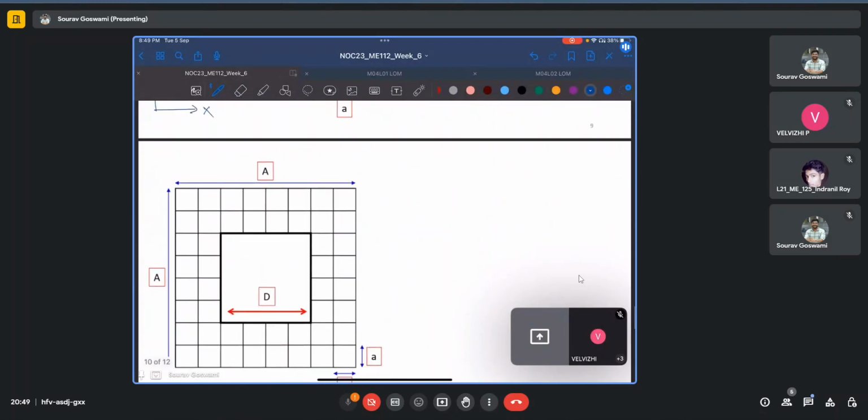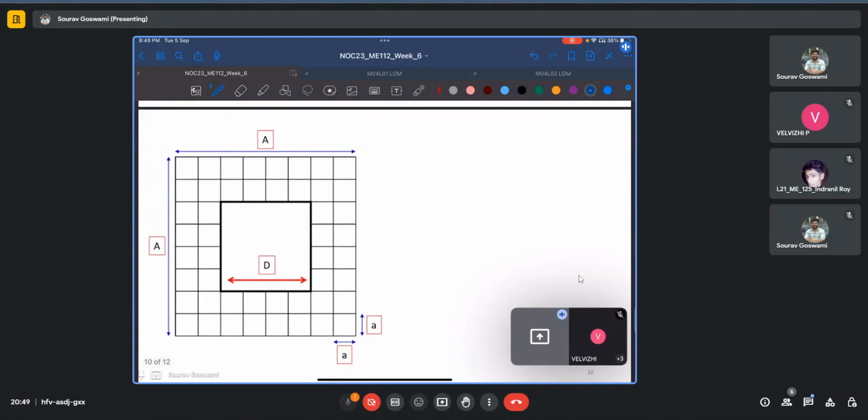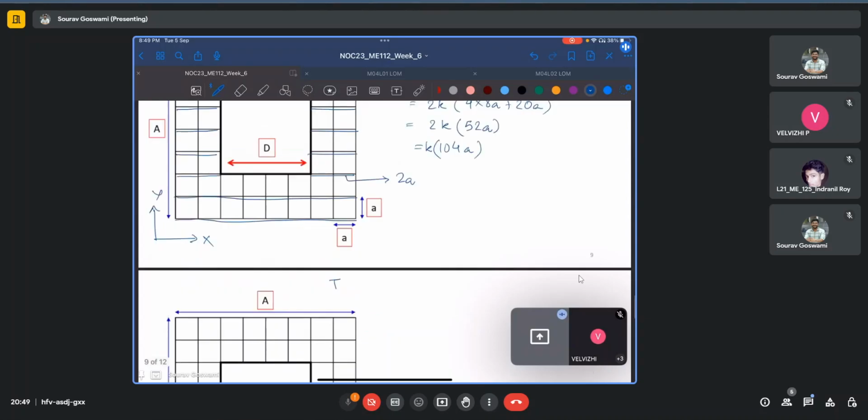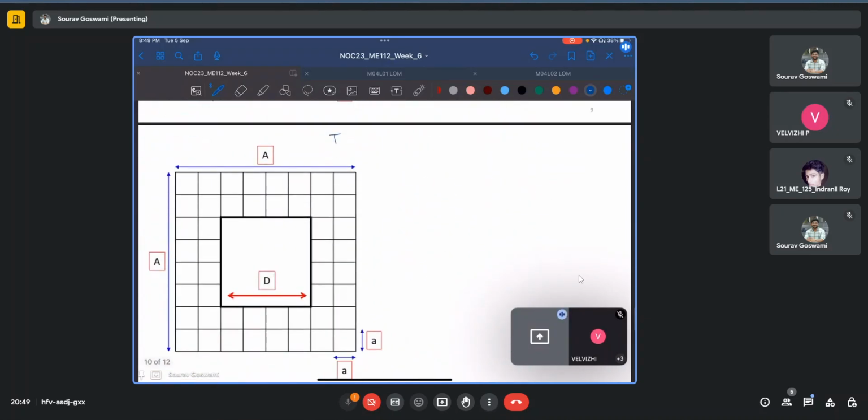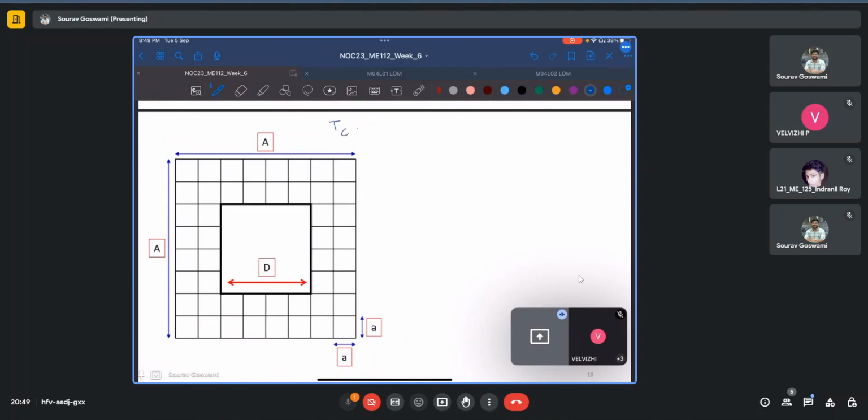Similarly, let us find the time taken for scanning the contour. Maybe we can denote the time taken for scanning the contour by TC.